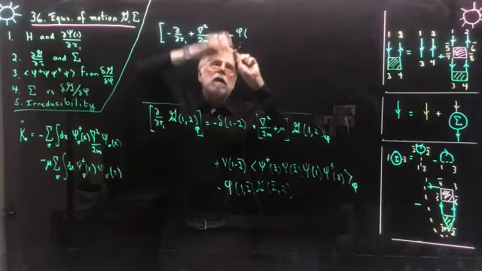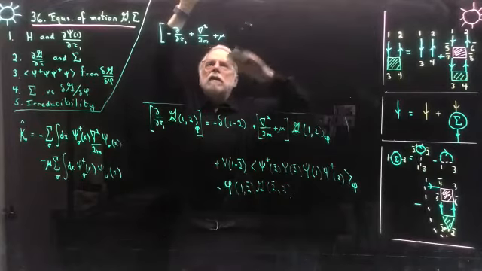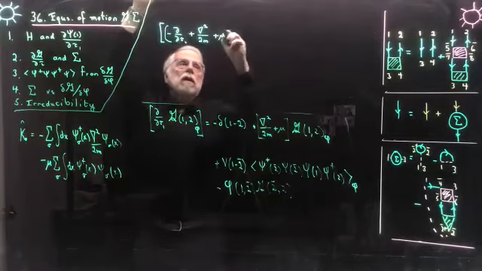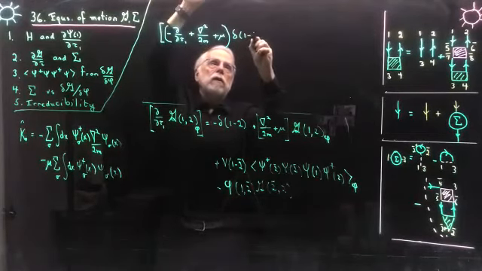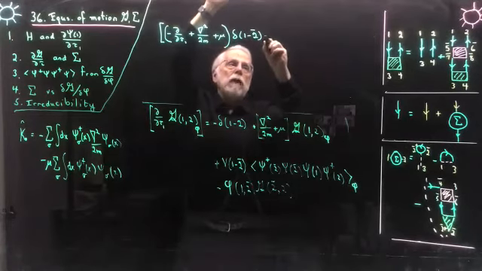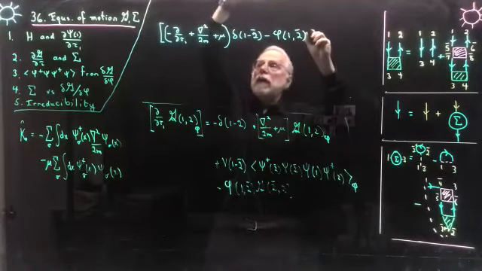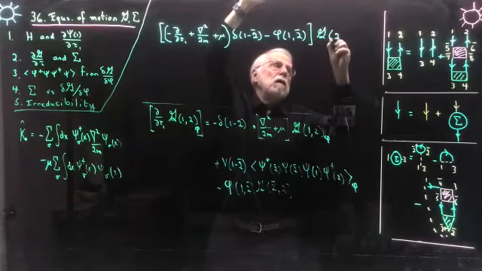phi. Okay, I forgot something here. So this whole thing here will act on delta of 1 minus 2 bar minus phi 1 2 bar and G of 2 bar 2.